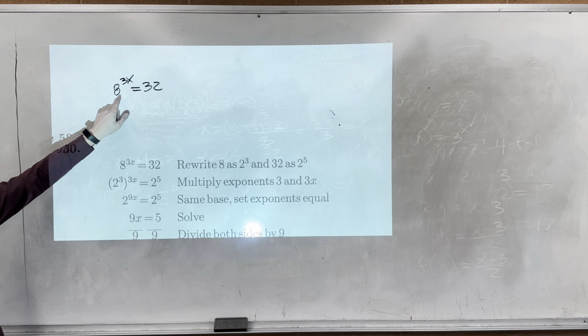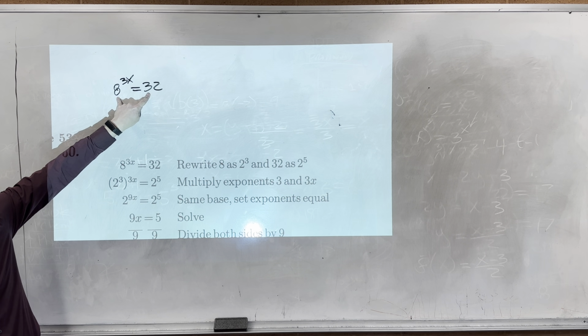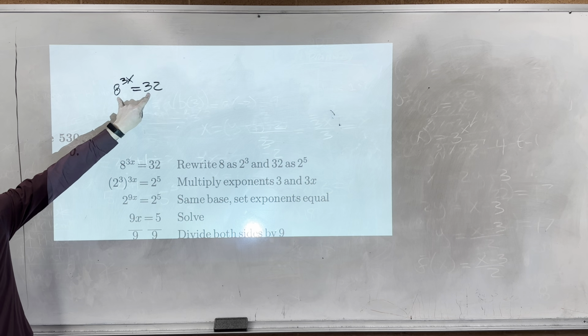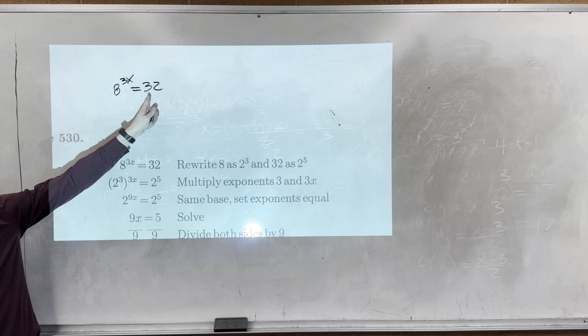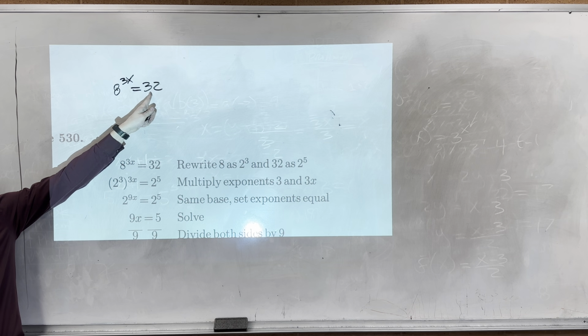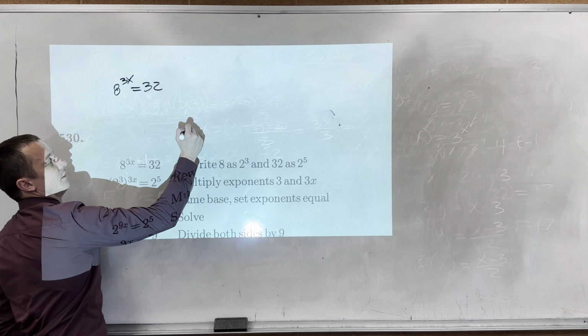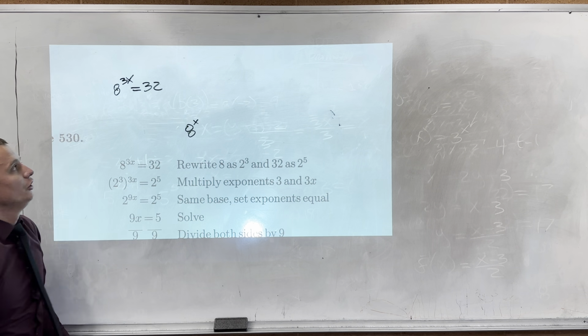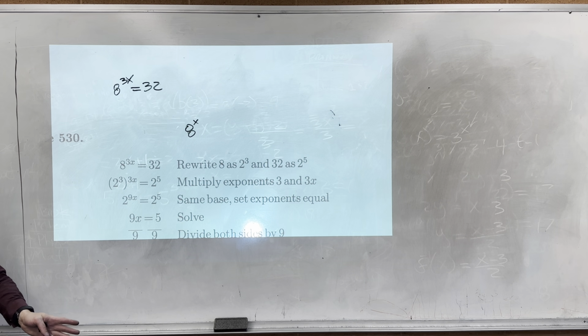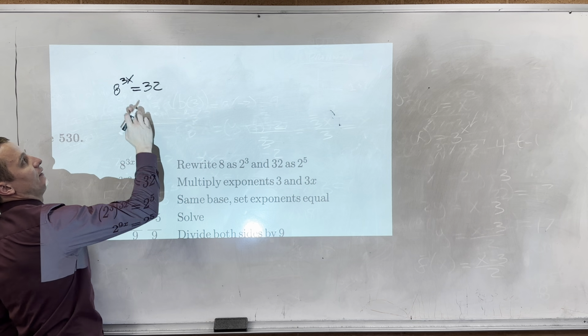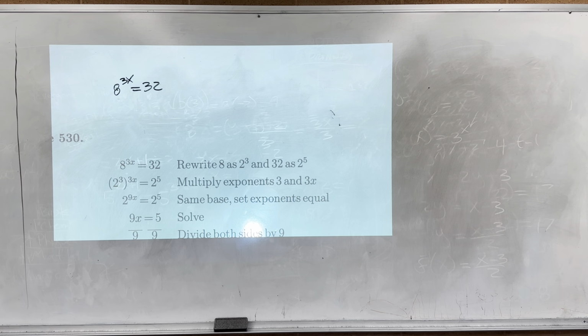What number can I express these as exponents of? Can I represent this as a multiple of 8, or as an 8 to the something? No. Because 8 to the 1 is 8, 8 squared is 64. So the common base can't be 8 for these two things.